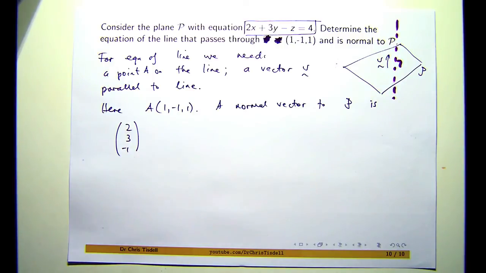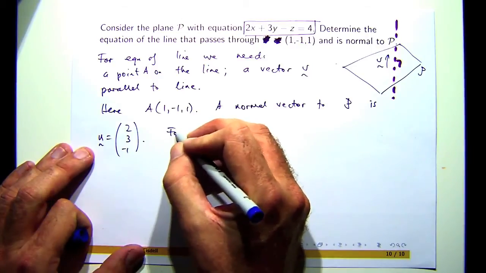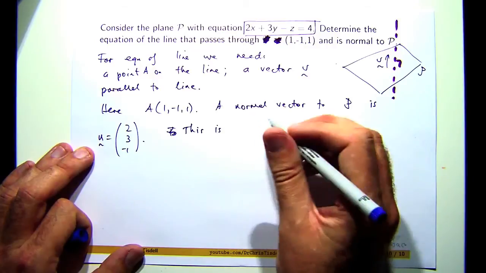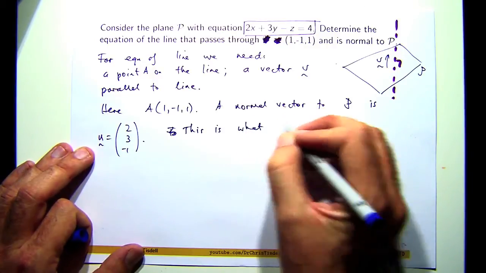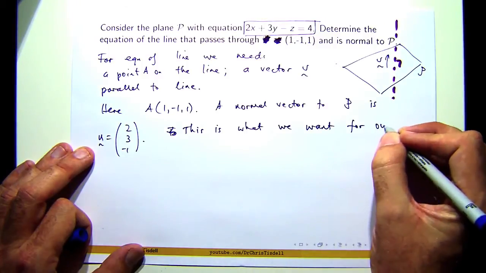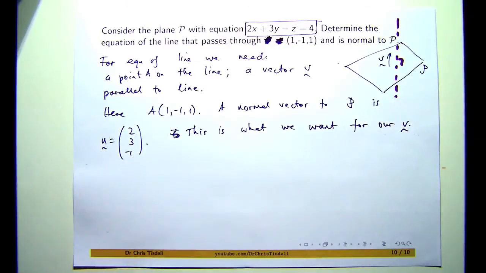Let's call this n. So this is what we want for our v. So let's let v equal that, and then I can come up with my equation.